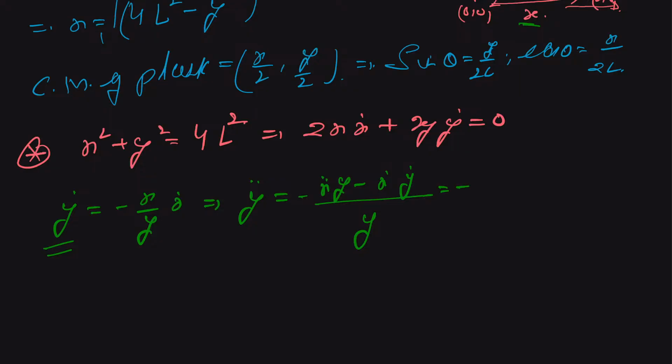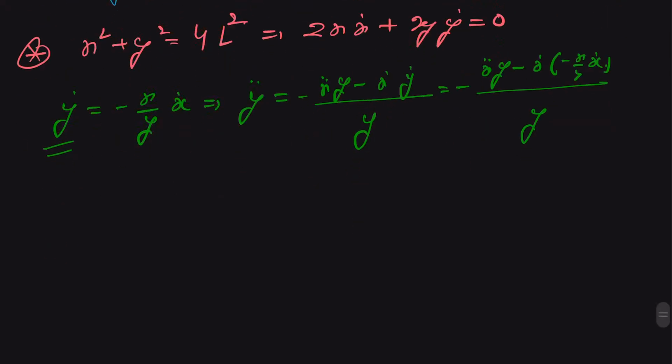We get y double dot equal to minus x double dot times y, and minus minus will be plus, x dot whole square divided by y and divided by y.